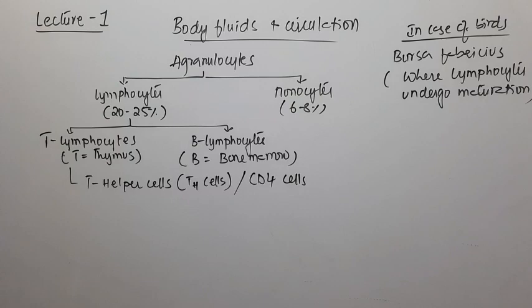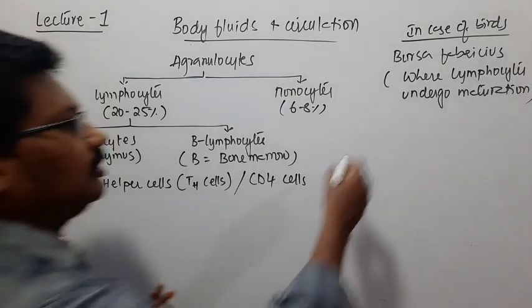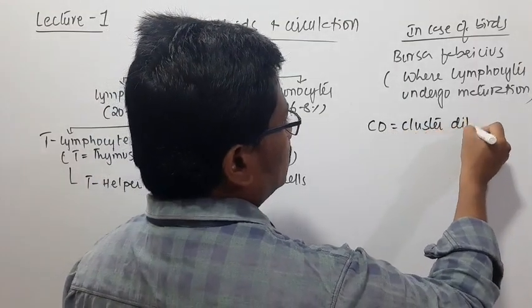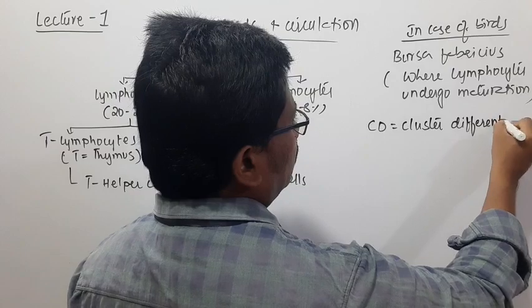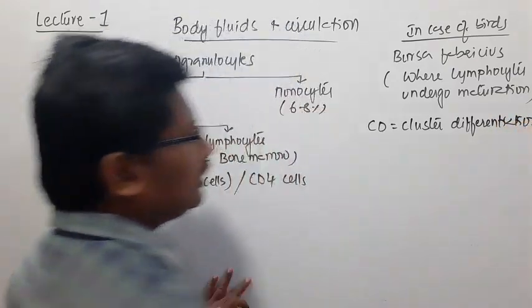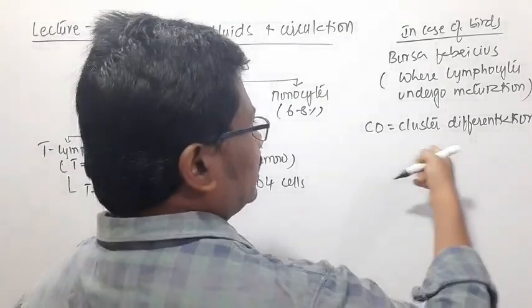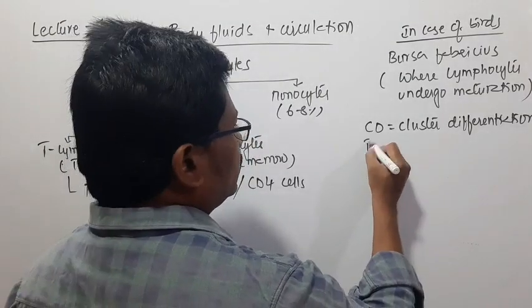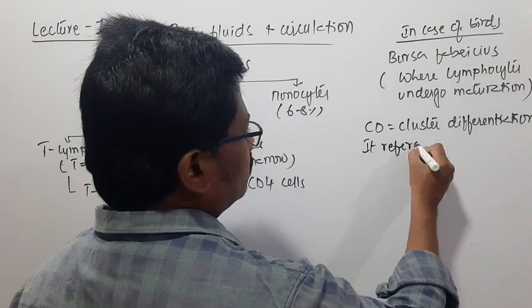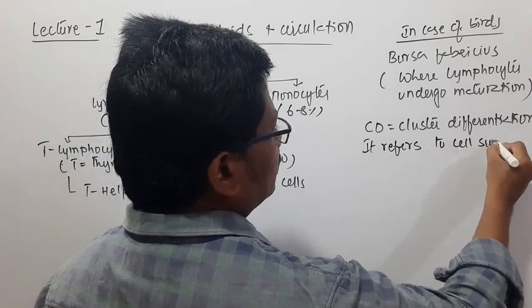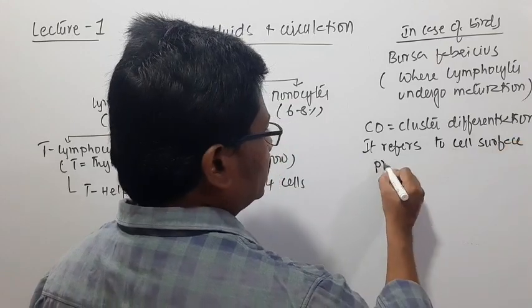Here CD stands for cluster differentiation. This cluster differentiation actually refers to cell surface proteins.